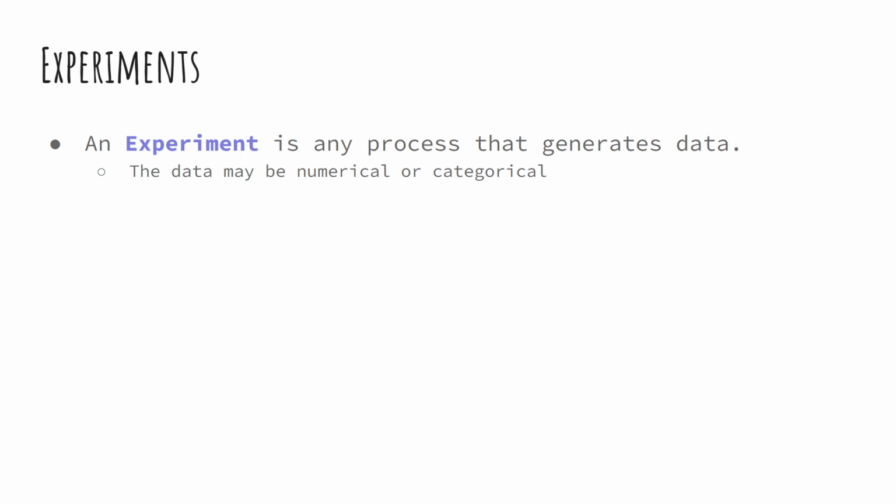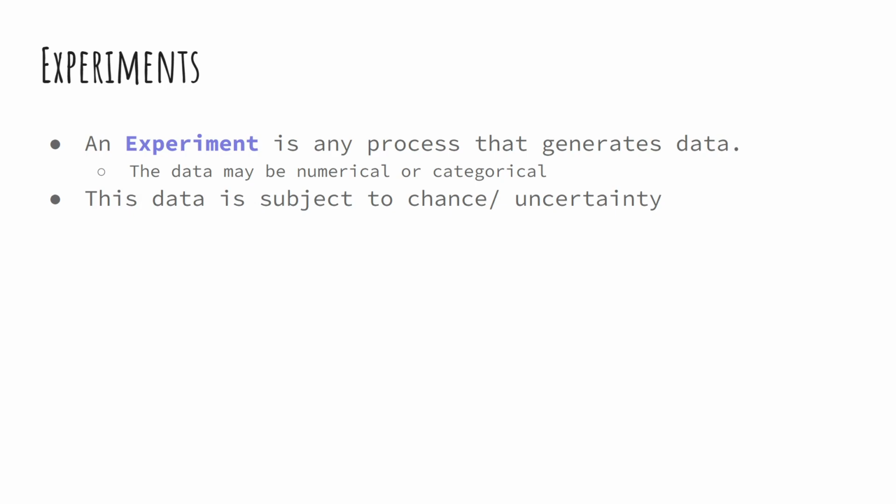In case of playing the game of cricket, if you try to classify the shot which was played, whether it was a pull shot, sweep shot, and so on, there's some classification there. So that becomes categorical data for the experiment. All this data, whatever you're collecting, is subject to some chance or uncertainty.